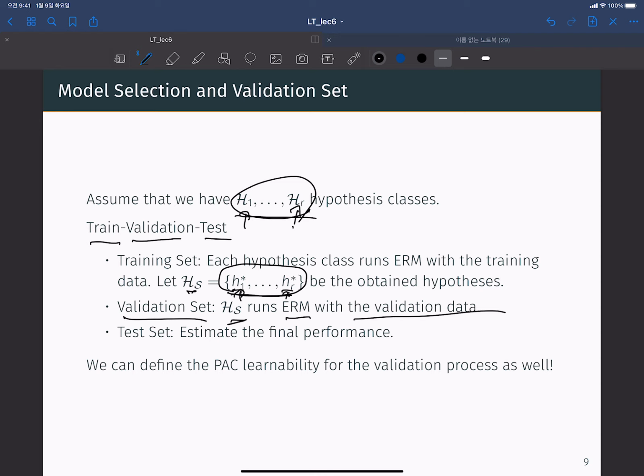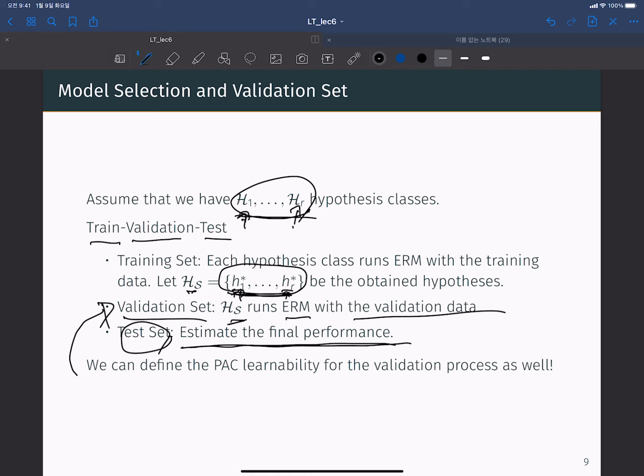Then we finally use the test set to estimate the final performance of the final selected hypothesis. But here we can define PAC learnability for the validation process as well. Using the validation set, we choose the best hypothesis among the different hypotheses that come from different hypothesis classes.